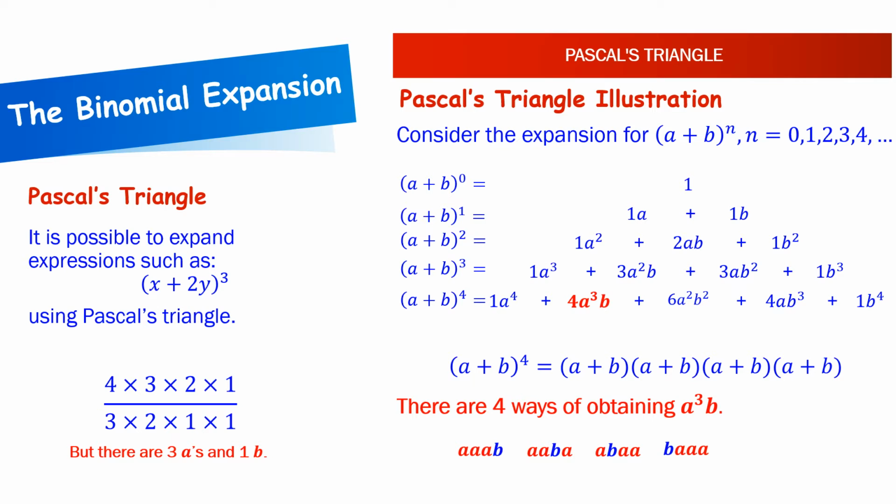So we need to divide 4 times 3 times 2 times 1 by 3 times 2 times 1, as that's the number of ways of filling 3 spaces, times 1, since there is 1 b, and that's the number of ways of filling 1 space. Another way of expressing this is 4 factorial over 3 factorial times 1 factorial, or 4 choose 3. And this, of course, equals 4.